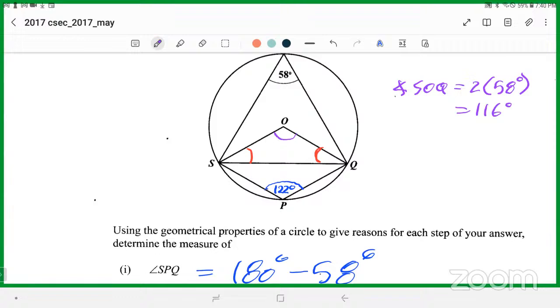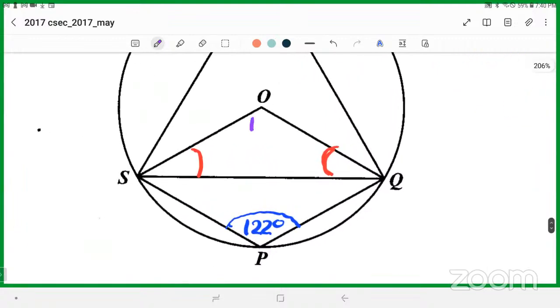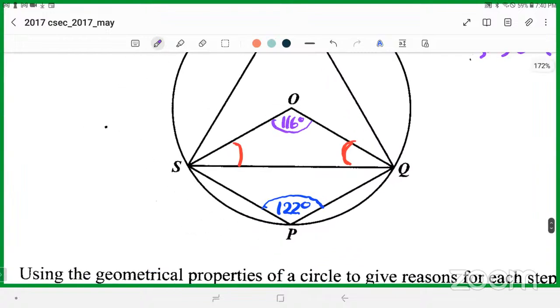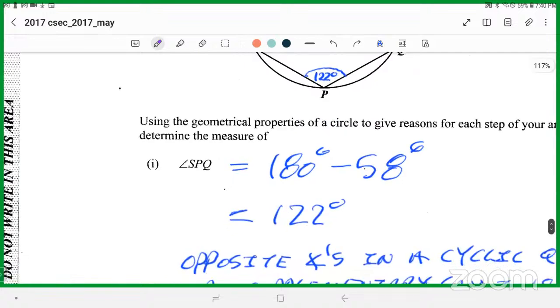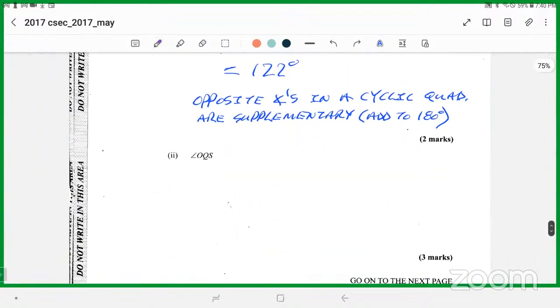And now, because this angle is 116 degrees, if I know one angle in an isosceles triangle, I'm blessed. I can find the other two. But the total is 180, right? And then these two are equal. So let's do it down here. I'm going to say that the angle that we want is equal to 180 degrees minus the 116 degrees, divided by 2. That's all.